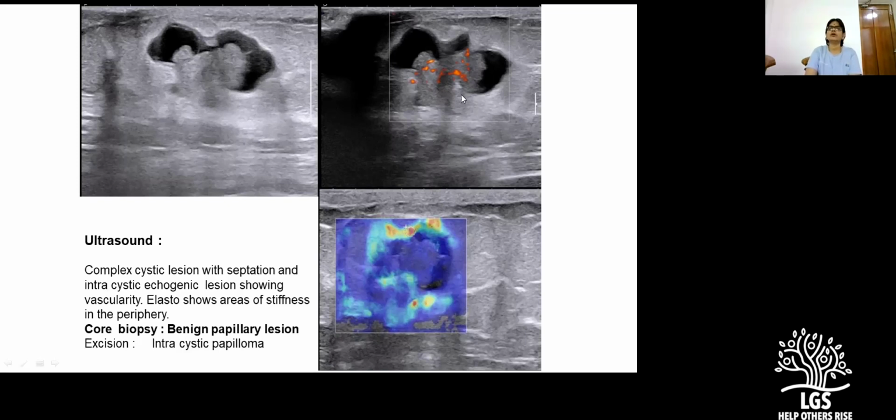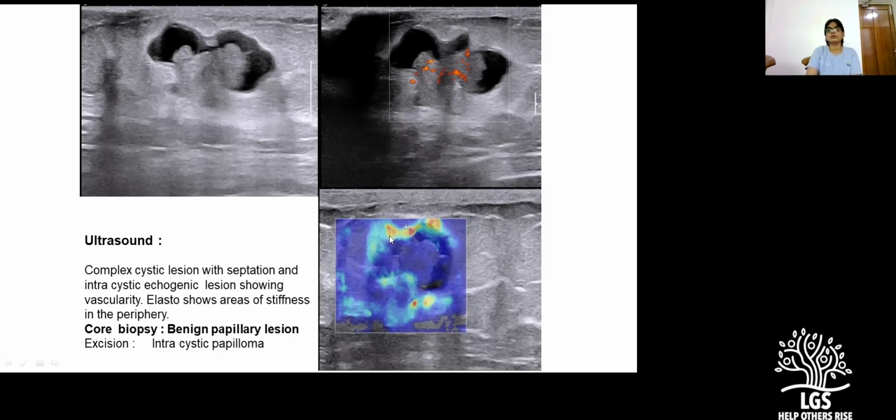When you put a color Doppler, you can see that it is very vascular. So there is a very vascular lesion within the cystic mass. This is how we would describe it: a complex cystic lesion with septation and an intracystic echogenic lesion showing vascularity.